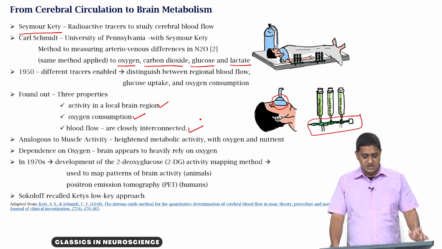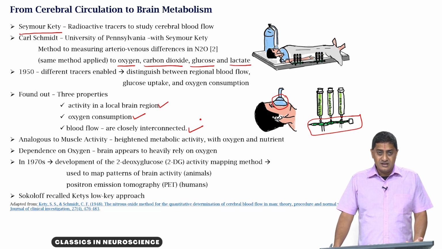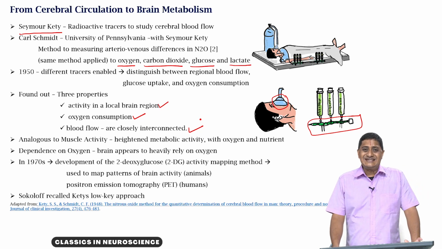Something to keep in mind. So, there is a great dependence on oxygen by the brain. The brain appears to rely heavily on oxygen supply.